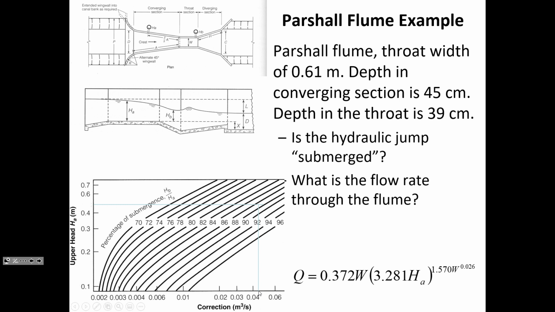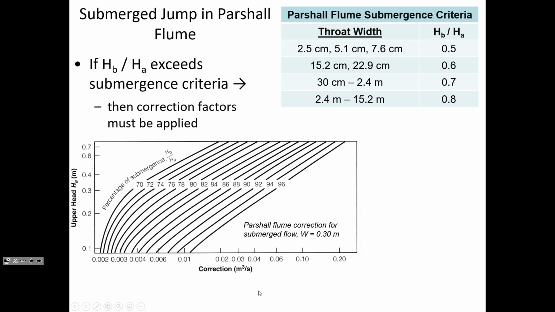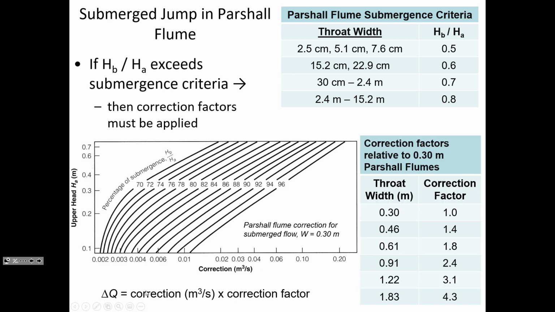And remember, down here, the delta Q is the correction from this multiplied by a correction factor. And the correction factor depends on the width of your throat in the flume, so 1.8. If I had a separate figure for my 0.61 meter throat flume, then I wouldn't have to apply the correction factor. But I've just got this one, which corresponds to a throat width of 0.3.